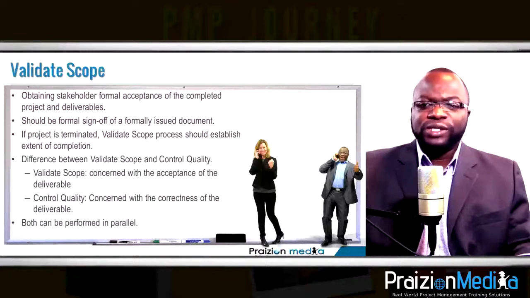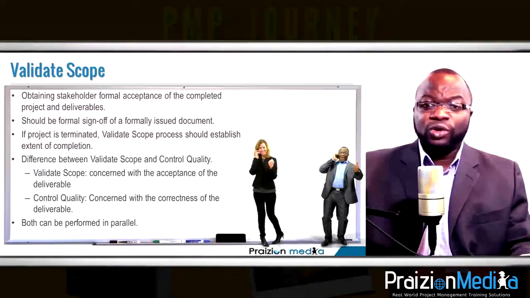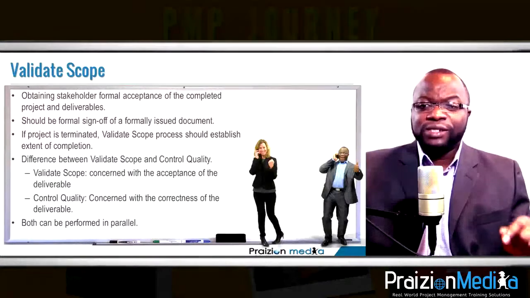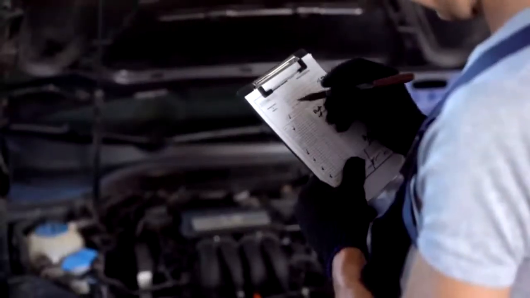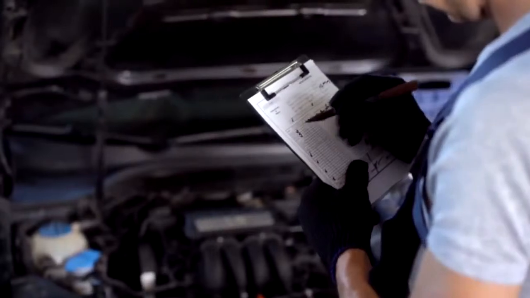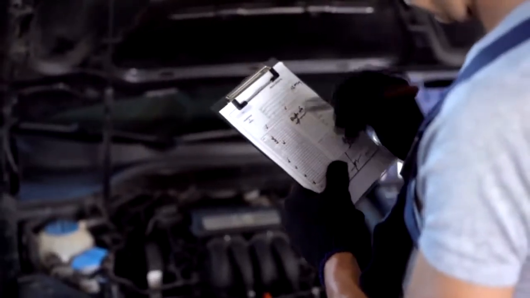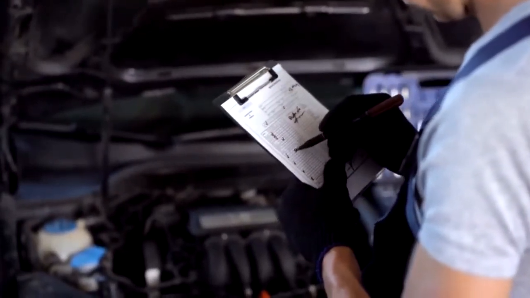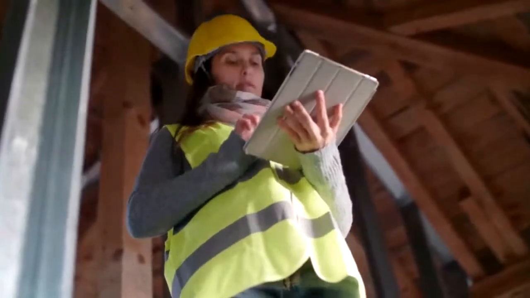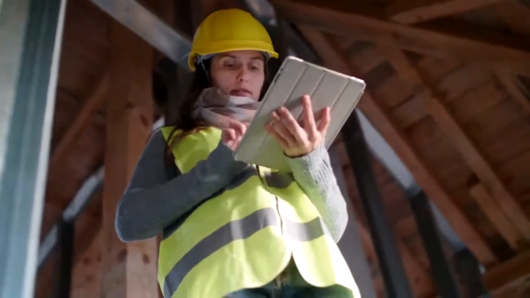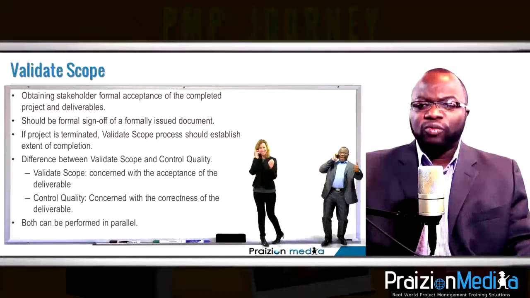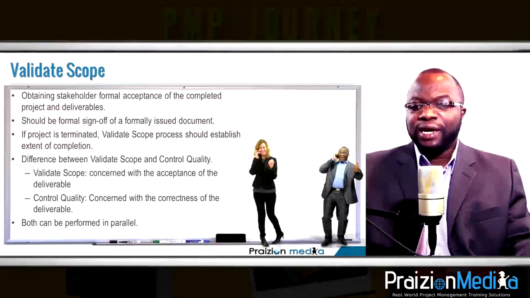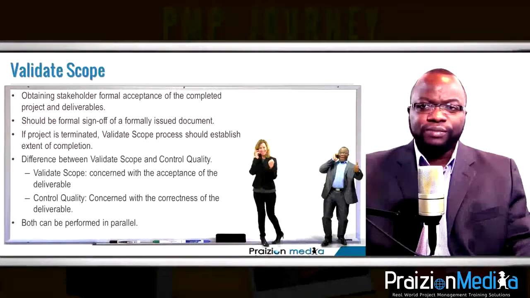Now, the performing organization have a responsibility to ensure that the inspected deliverable is good to go to the customer. First of all, we internally inspect a deliverable, and then we externally inspect a deliverable from the customer's perspective. So this is where the customer would validate that, in fact, the entire scope, the requirement, and what was needed is indeed inherent in the deliverable.